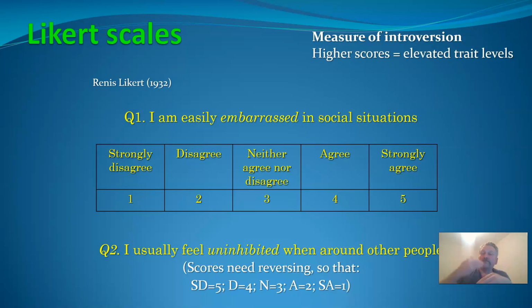So again, we need to reverse the scores, so that strongly disagree becomes a 5, and strongly agree becomes a 1. Everything is kind of flipped around. If that doesn't happen, then again we get a mixing up of the scores, and we've no way to separate and differentiate those who have high levels of introversion, and those who don't.